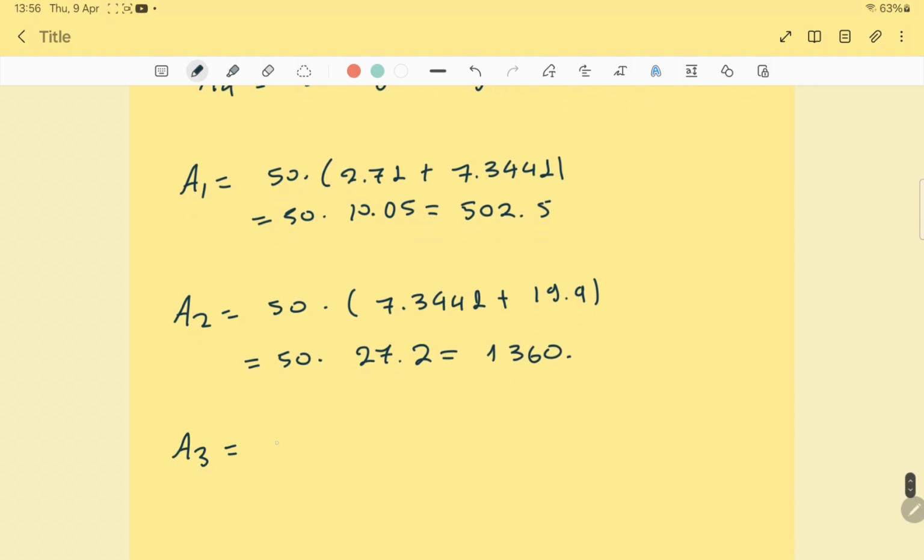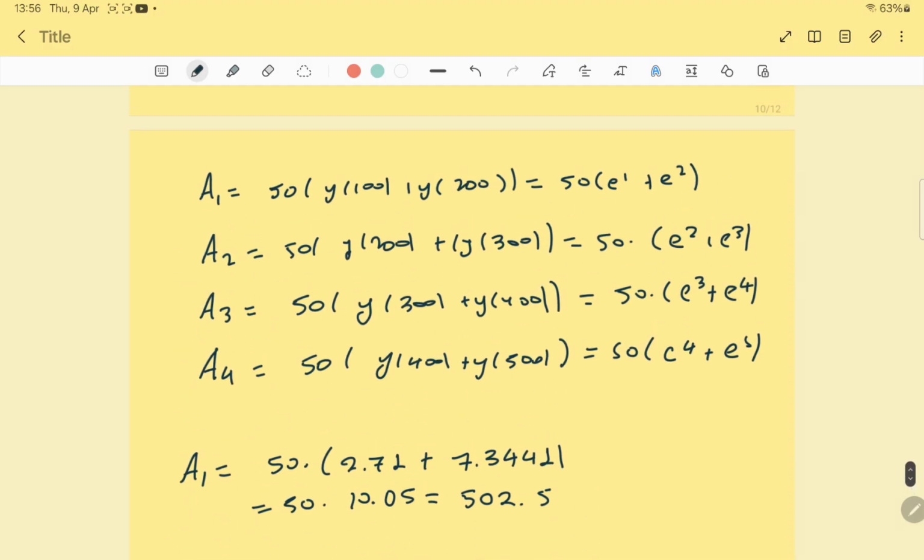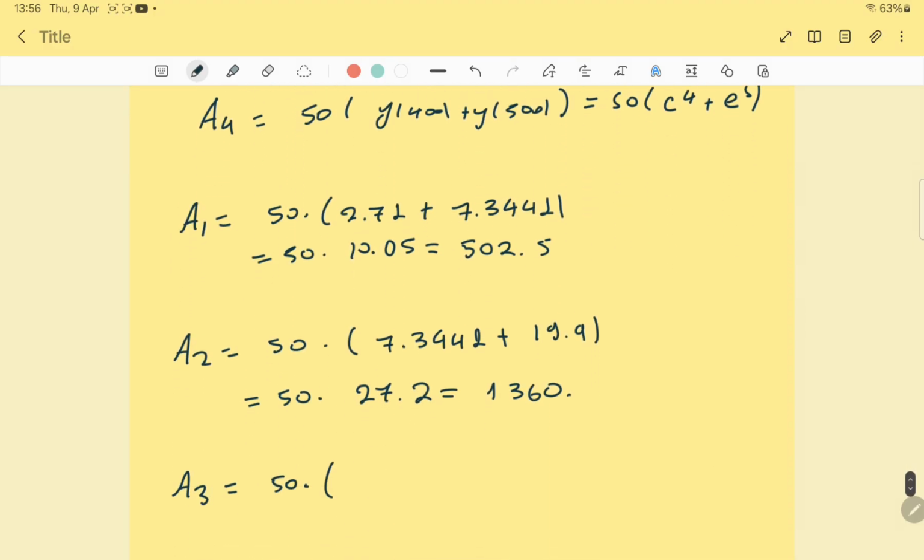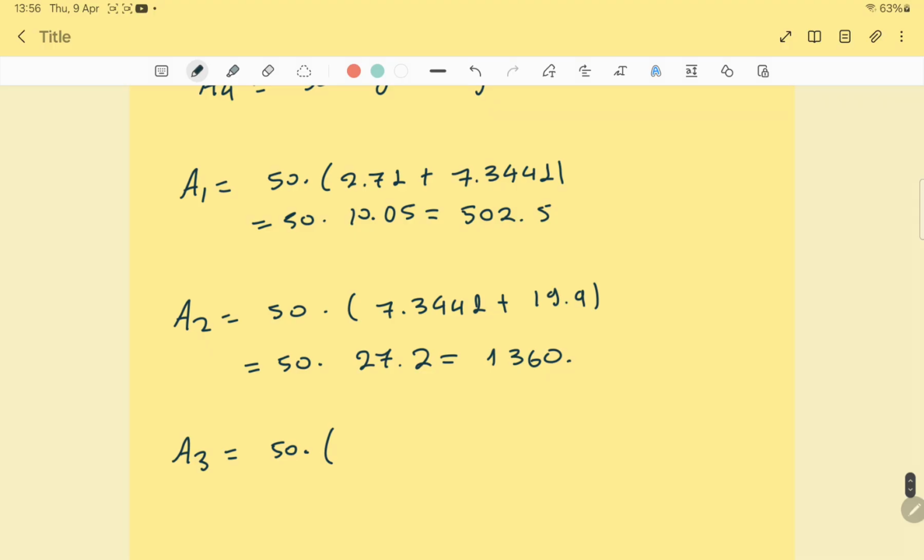And for A3, it's going to be 50 times e to the power of 3 plus e to the power of 4. 2.71 raised to the power of 3 is 19.9, plus 2.71 raised to the power of 4, 53.9.